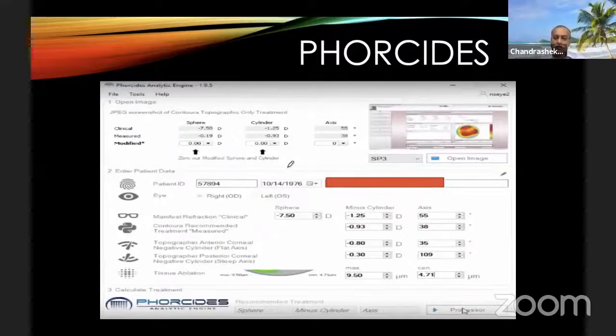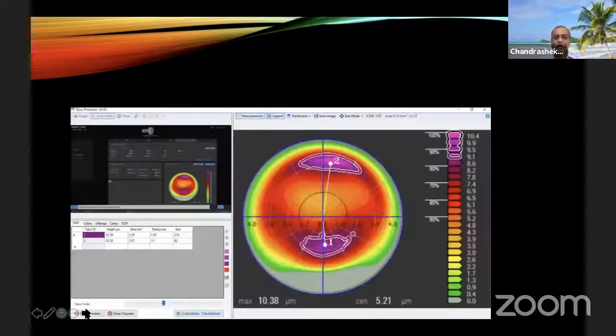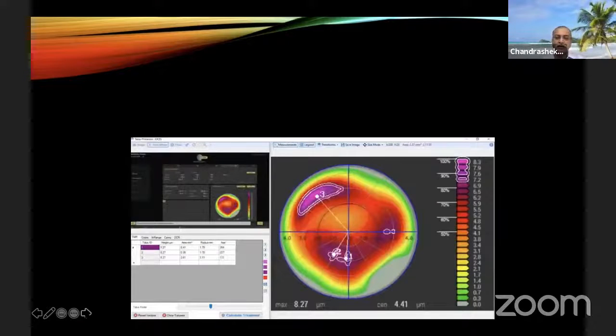So this is the first opening screen of Forcides, where all those 4 components are entered. And when you click analyze, you can see that these talaisis are marked by the software, and each talaisis is given a specific value. That means what refractive effect it will have on your treatment. This is another example. Now you can see that there are 3 small talaisis.